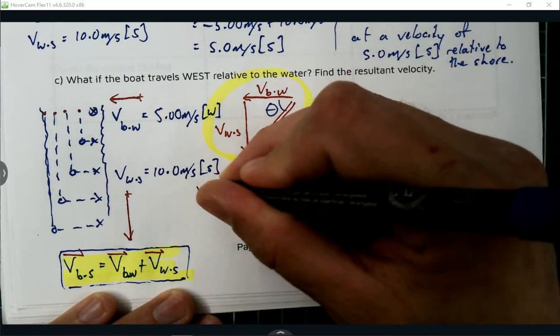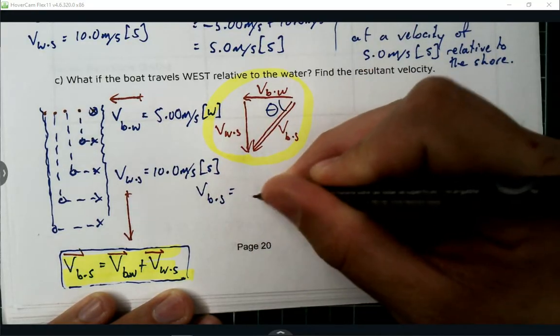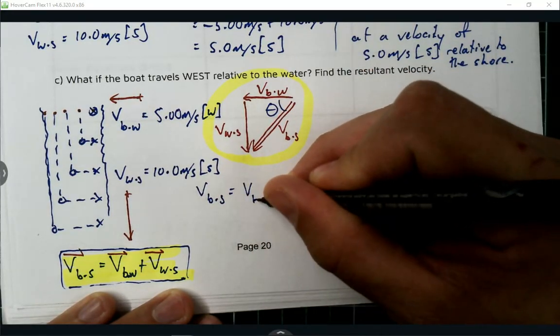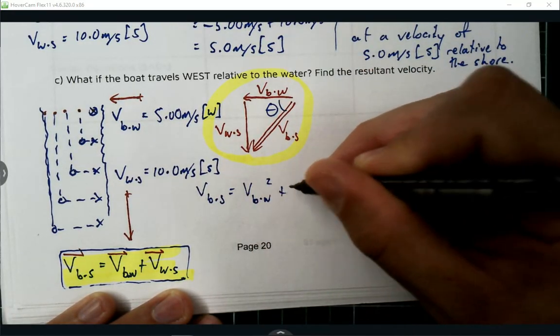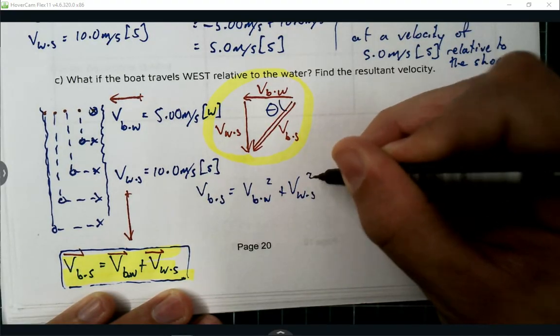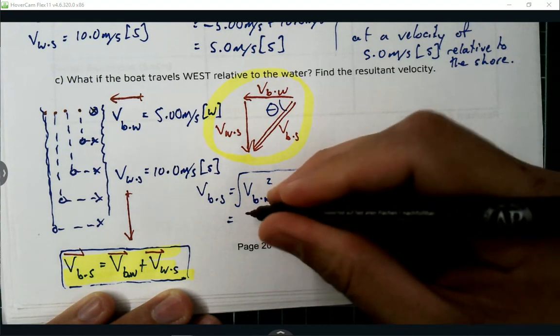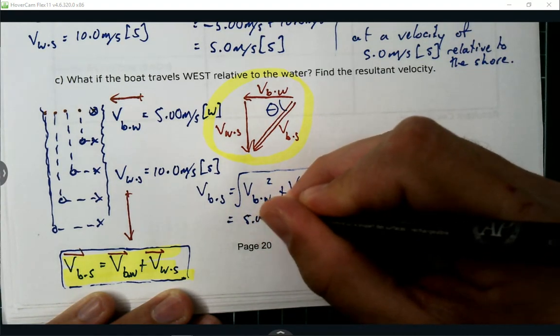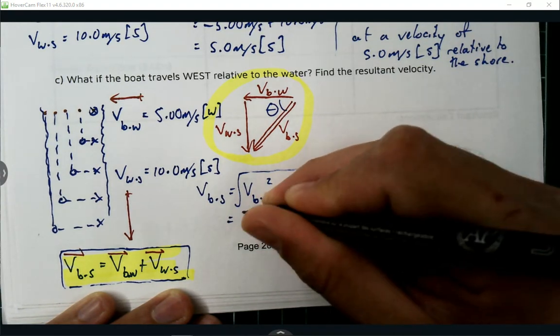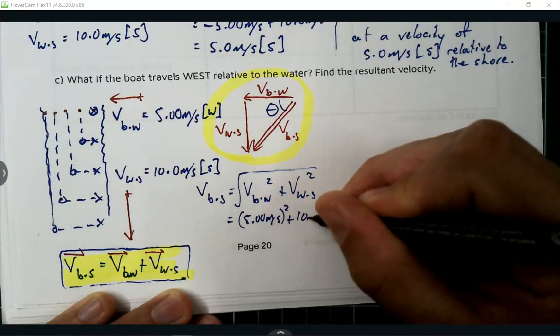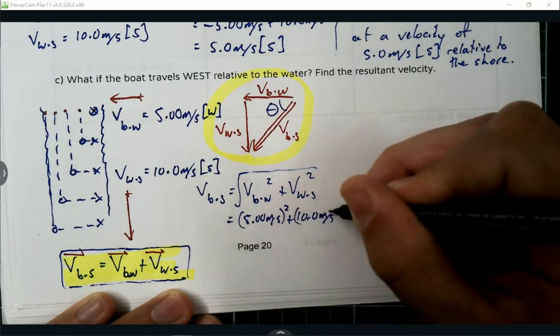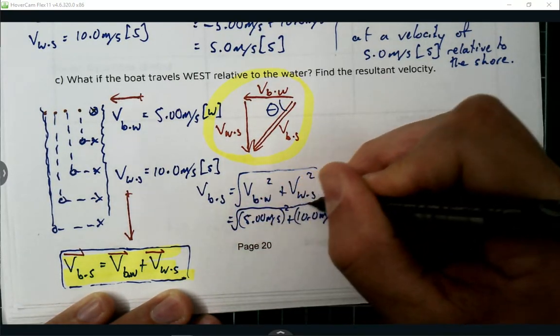So I'm going to say velocity of the boat relative to the shore is equal to VBW squared plus VWS squared, all square rooted. And I can sub in my values. 5.00 meters per second squared plus 10.0 meters per second squared, all rooted.